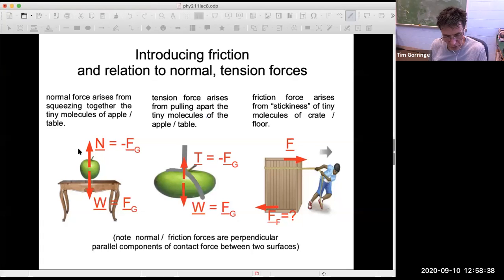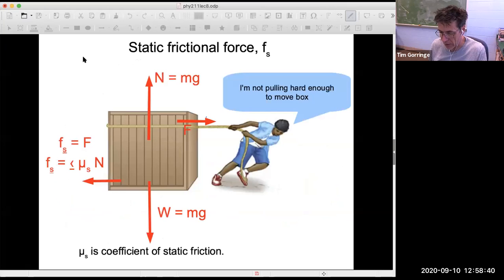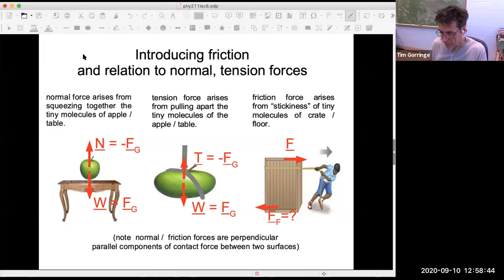So over here on the left-hand side, here was the normal force. Here was the tension force. And here's the friction force. So the normal force, if you remember, arises when we place the apple on the table. The atoms of the apple and the atoms of the table are squeezed together and they push back.